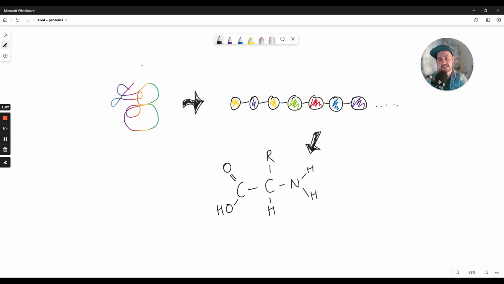Now, if we look at the string here of protein at a much closer level, you will see that there are individual amino acids that built up this chain here. And so on this chain, I have these little circles representing different amino acids. And if you remember back from episode 3, we looked at protein synthesis.